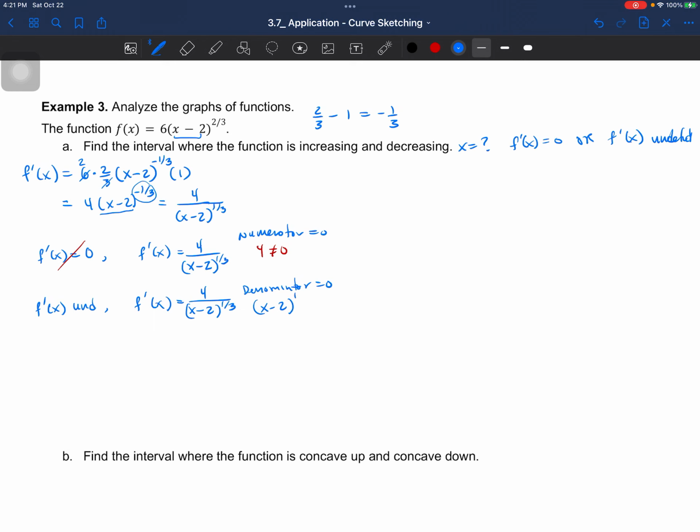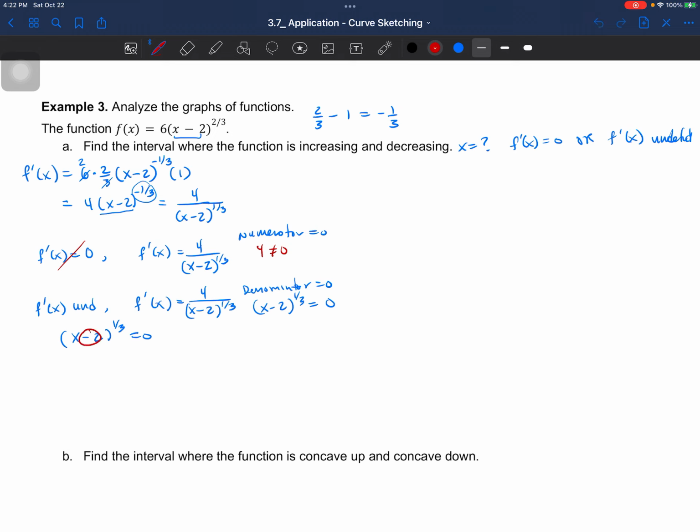At this one, you look at the denominator. The only way this is going to be undefined here is whenever the bottom is 0. So we take the denominator and find the x that makes the denominator 0.